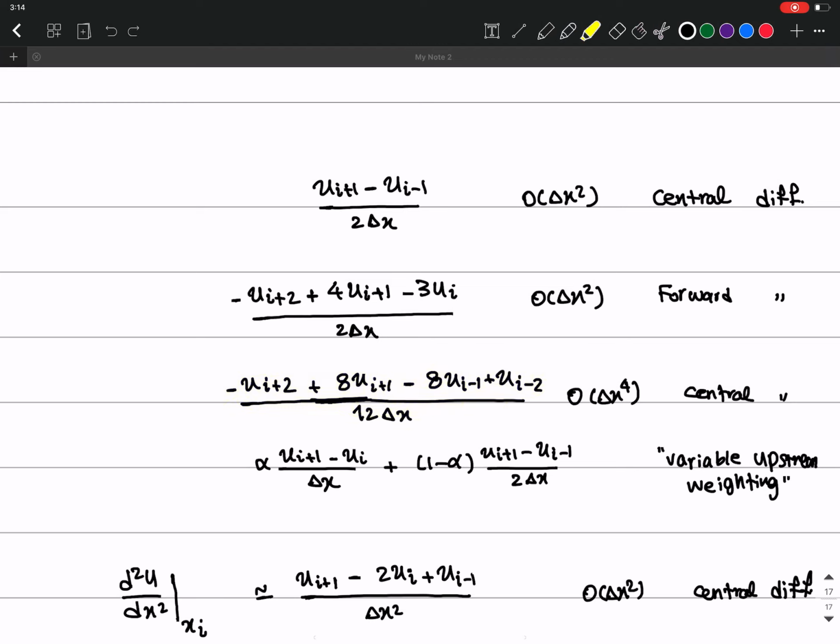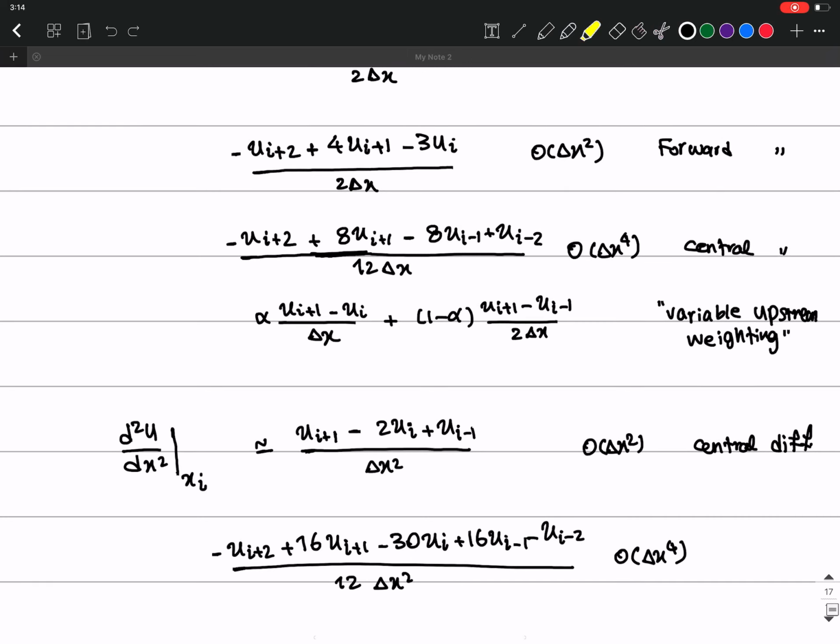And we also talked about how we can combine these together by multiplying them by alpha. So this one is a variable upstream weighting. So you can just do a weighting and combine these together. And this has some reasons that we might not go through, like decreasing dissipation or other things in your solutions. Numerical dissipation, I mean, not the physical one.